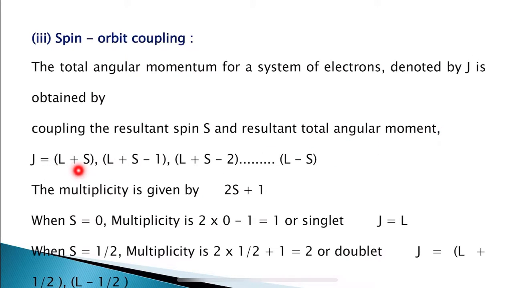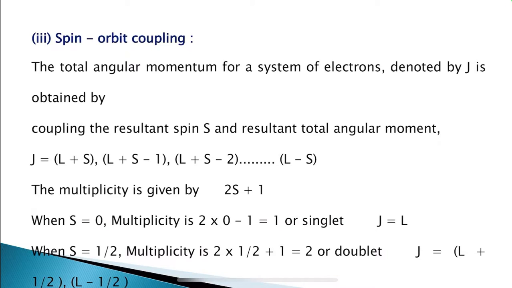So J takes the values L plus S, L plus S minus 1, L plus S minus 2, and so on down to L minus S. We do this as a vectorial combination of the total spin angular momentum and resultant total angular momentum, which gives the values of J.